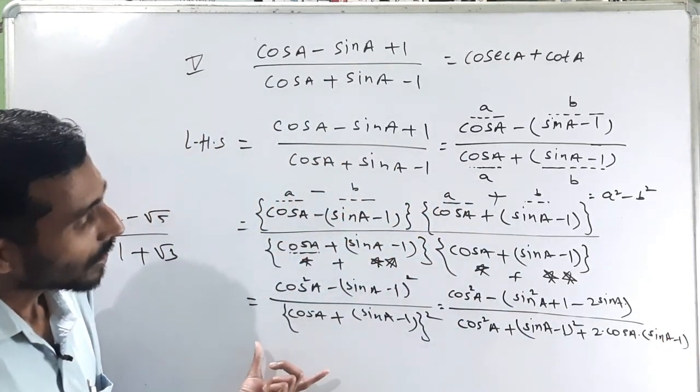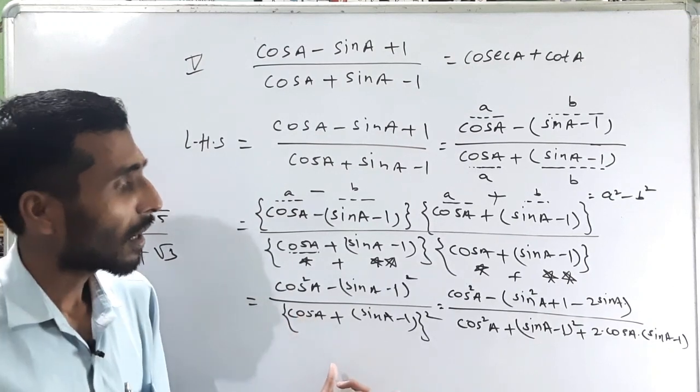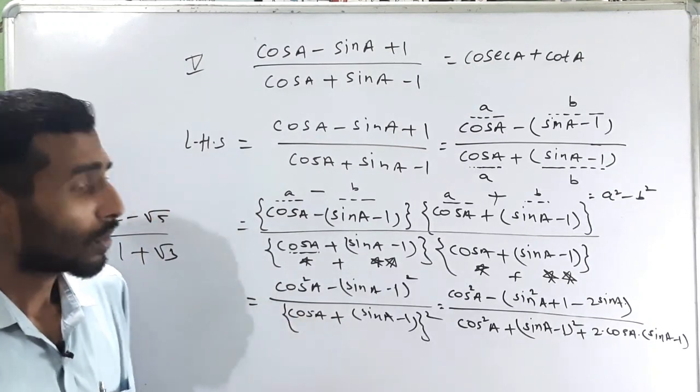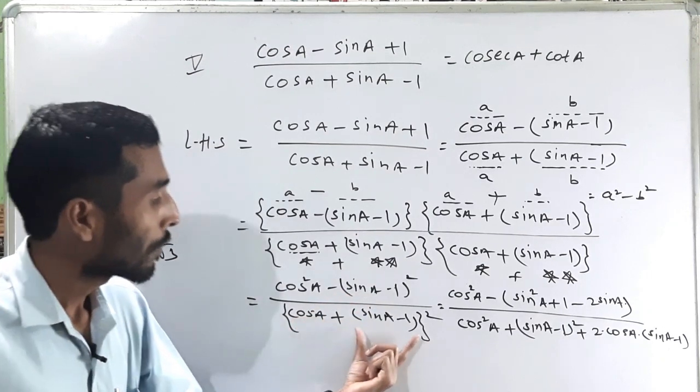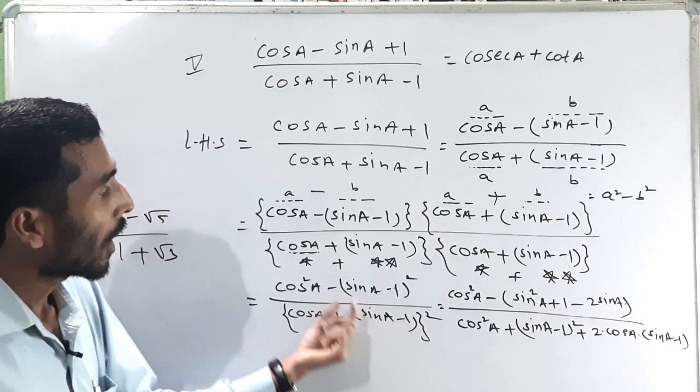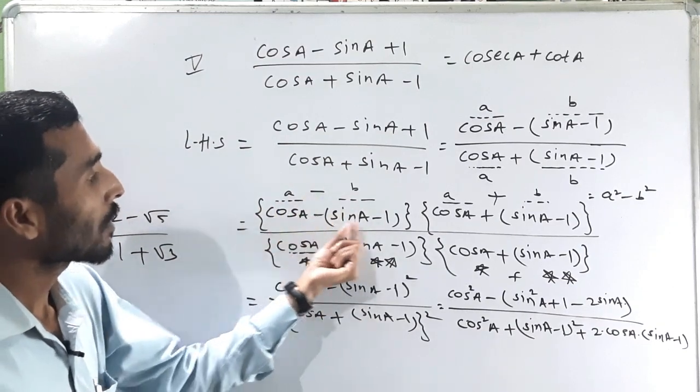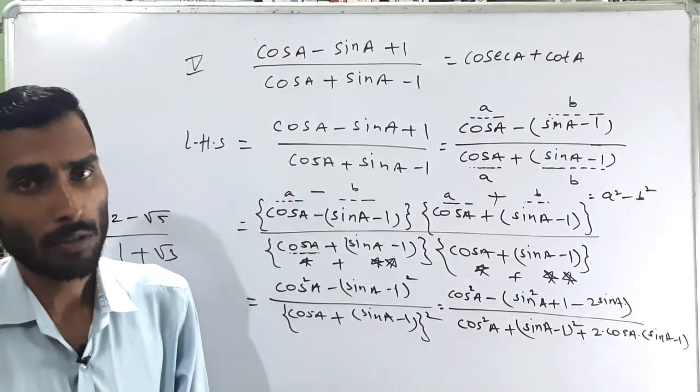This is not very difficult, but you have to do some algebra. This is pure algebra because you have to do the square of a minus b, the square of a plus b, and a minus b times a plus b, so we'll get a square minus b square.